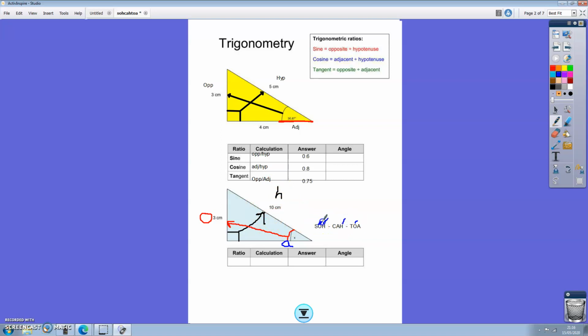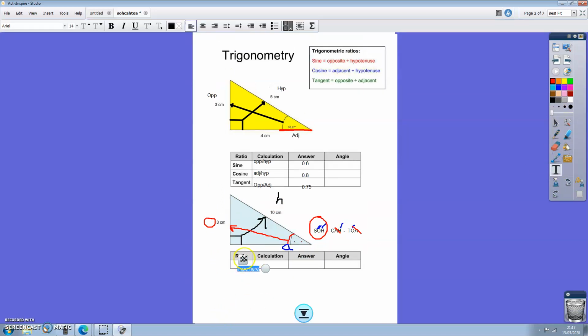Do I know anything about the adjacent? No, I don't, so I can't use that. So straight away, I know I need to use sine. That's how you select it: you select it using the sides that you know. In that case, I know the opposite, I know the hypotenuse, and I need to find the angle. So the ratio I'm going to use is sin.